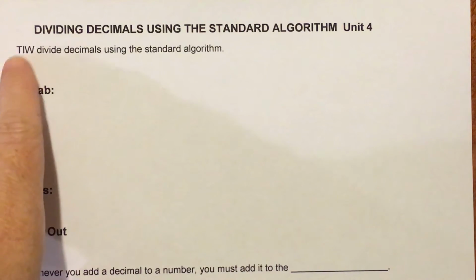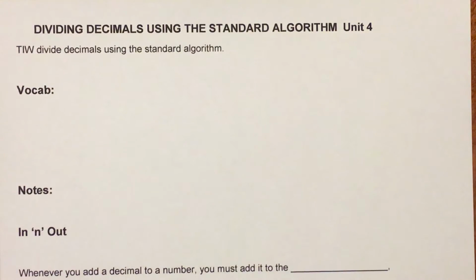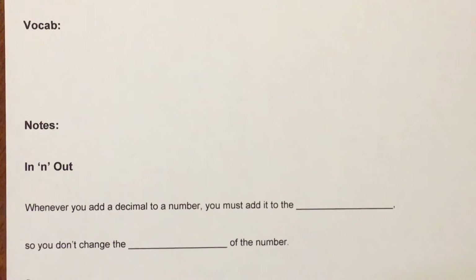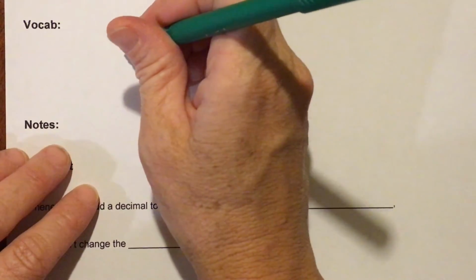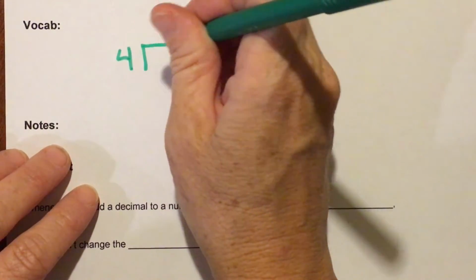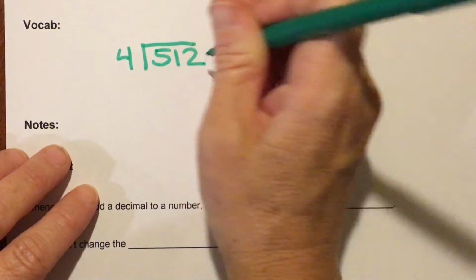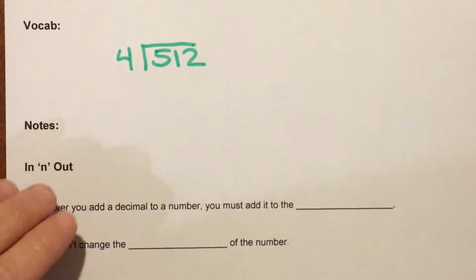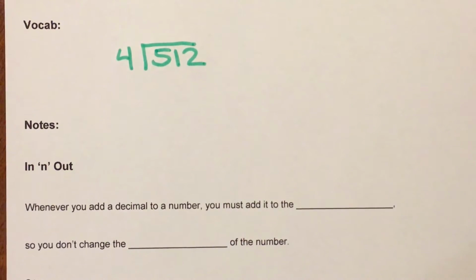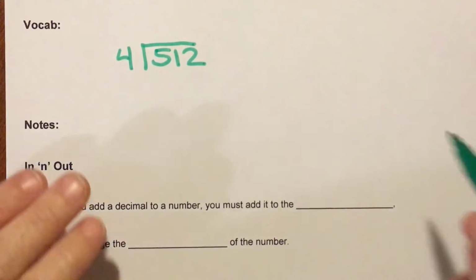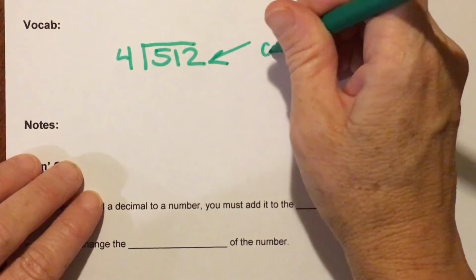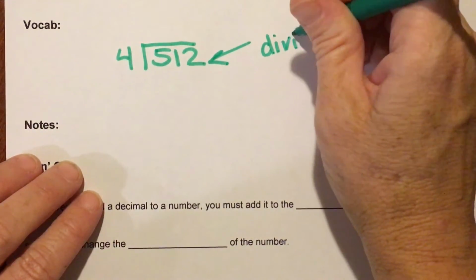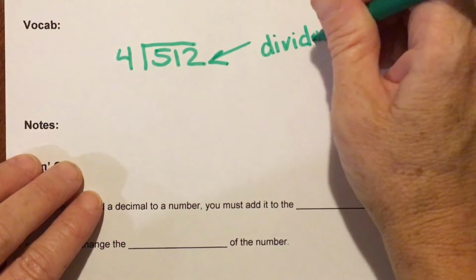Okay, so our goal is today I will divide using the standard algorithm. Our vocab is nothing new, it's just a quick reminder. So if you had a number like 512, and you actually go through all the process of working this out, first of all, this number that's on the inside is called our dividend.